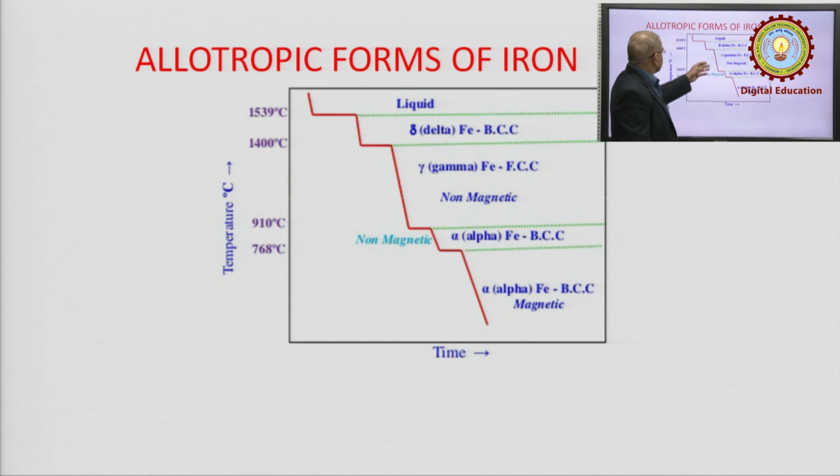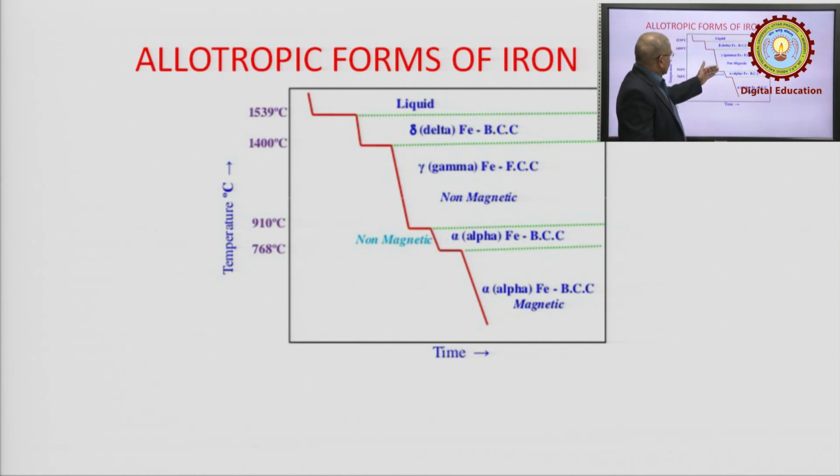Further, when it is falling from 1400 degrees centigrade, there is again a rest point whereby the heat energy is bringing some transformation within the material. After that transformation has completed, the fall in temperature starts again with respect to time. Here the structure of the iron is FCC, that means face centered cubic. This is referred to as gamma iron.